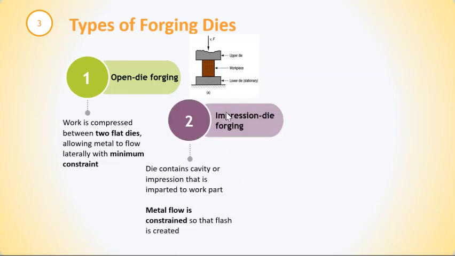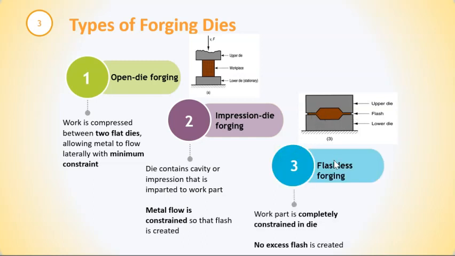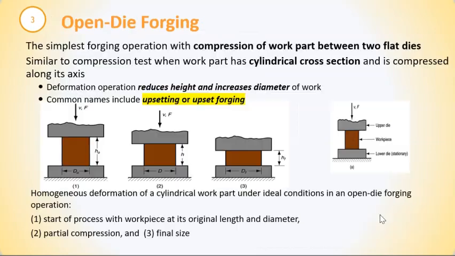The other one is impression die forging, in which the die has a shape, or cavity, so that the workpiece will be compressed and the metal flows into the cavity and flash is created. And the other one is flashless forging. Work is completely constrained in the die. There's no flash and it's completely contained in the die.